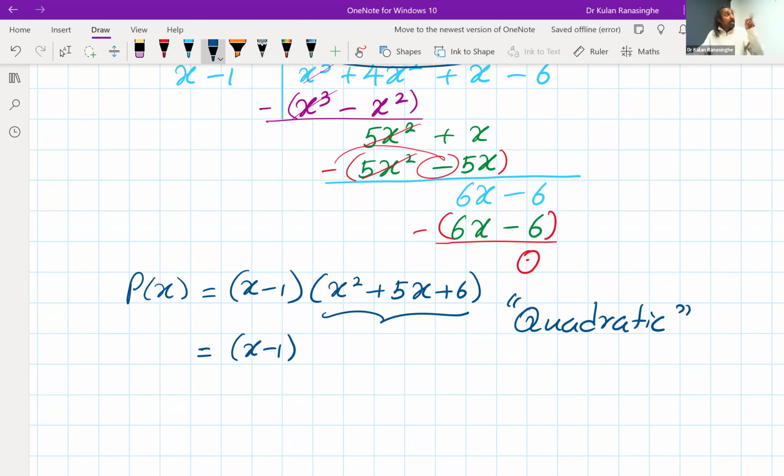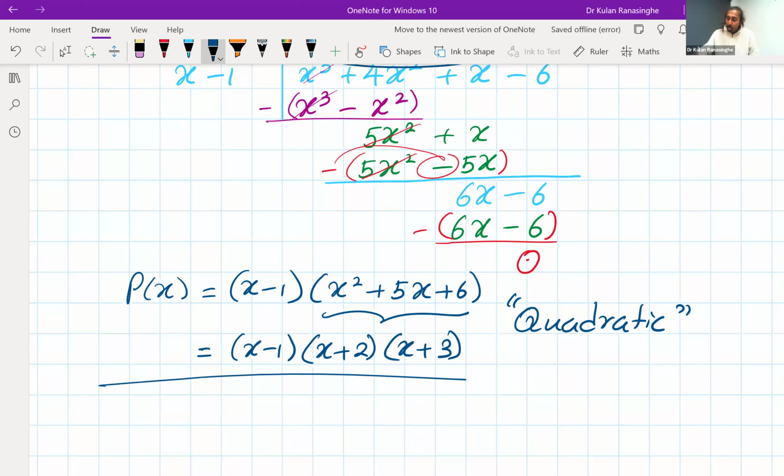Quadratic means you can factorize this one in many different ways, either the general quadratic formula or simple monic quadratics or non-monic ones. There are 4 ways you could do that. Two numbers multiplied to 6 and added to 5 are plus 2 and plus 3. Voila.